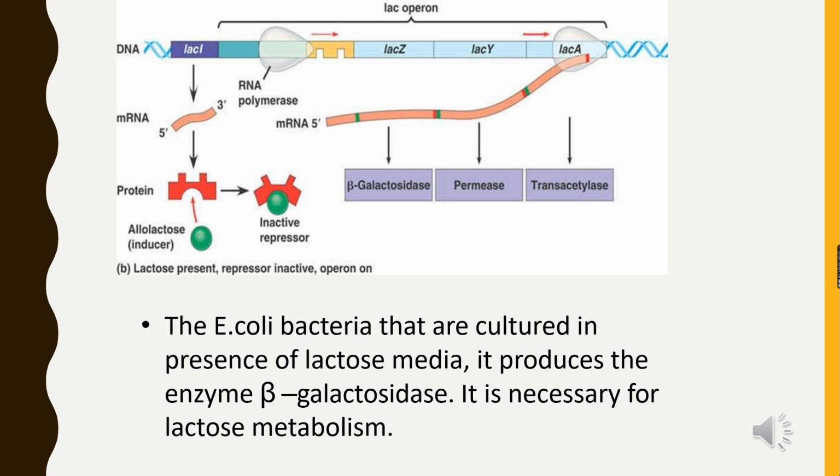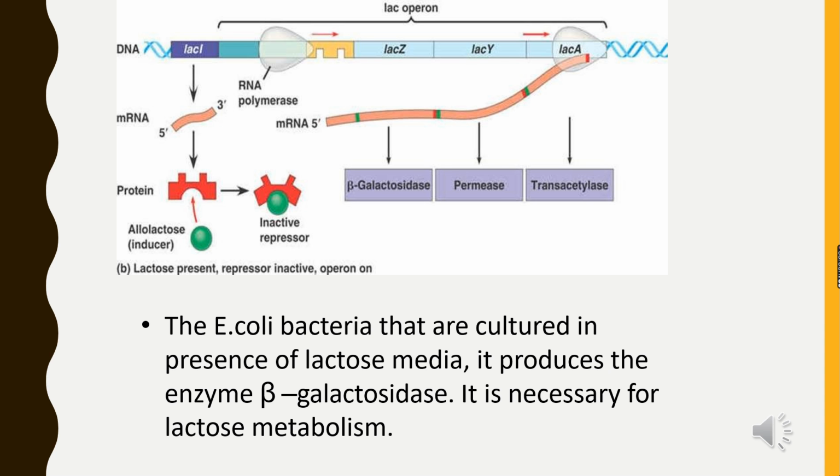As we know, the regulator gene produces repressor messenger RNA, and that produces the repressor. Now if the inducer, lactose, is present, the repressor will combine with the inducer and it will inactivate the repressor.